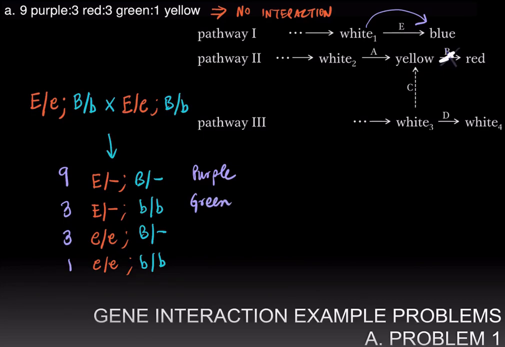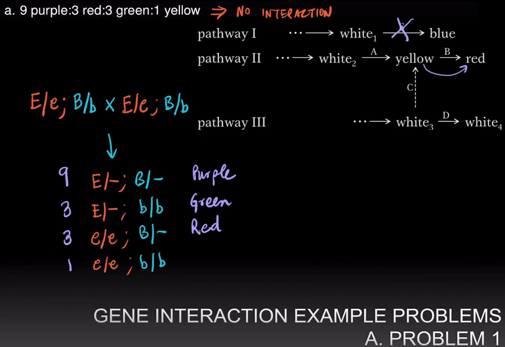In the third phenotypic class, we don't have the E enzyme, and so we do not get blue pigment and we are stuck at the white 1 intermediate, but we do have B enzyme, and so yellow gets converted into red, and therefore our phenotype will be red.